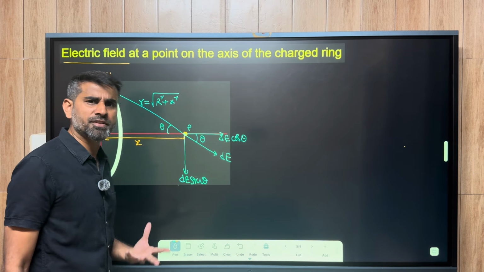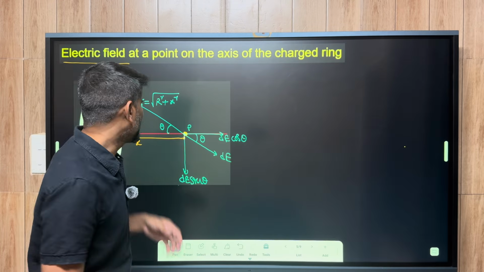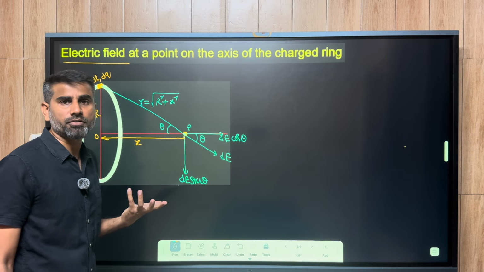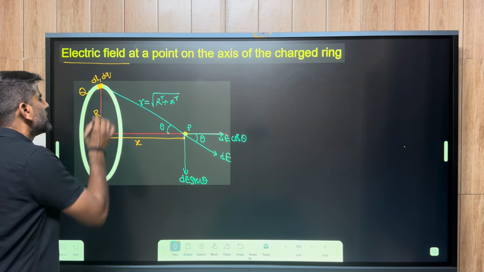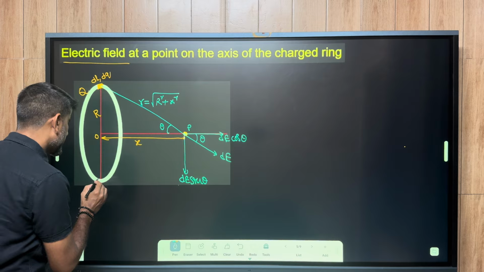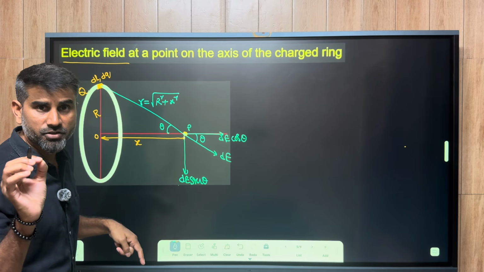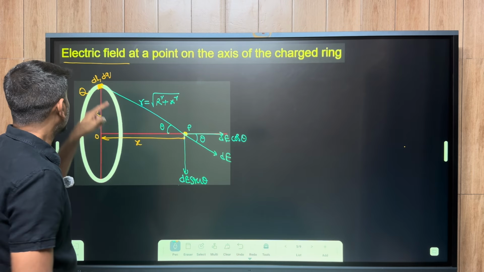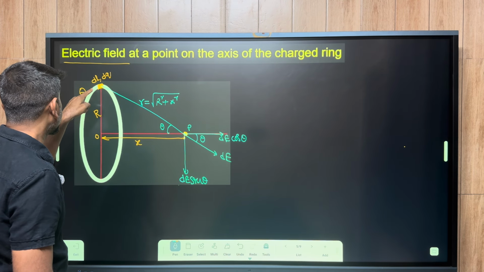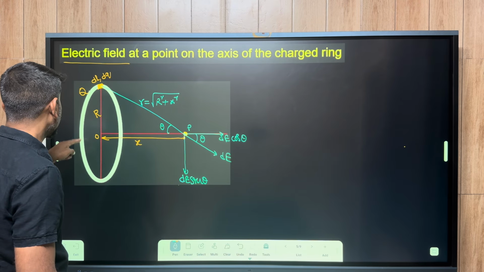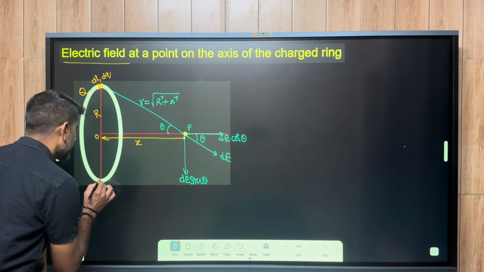Now let's use our basic common sense of symmetry and analyze this situation a little further. I'm dividing this entire ring into small tiny pieces of charge. So this is the element, next is another element, another element, and here we have another element.